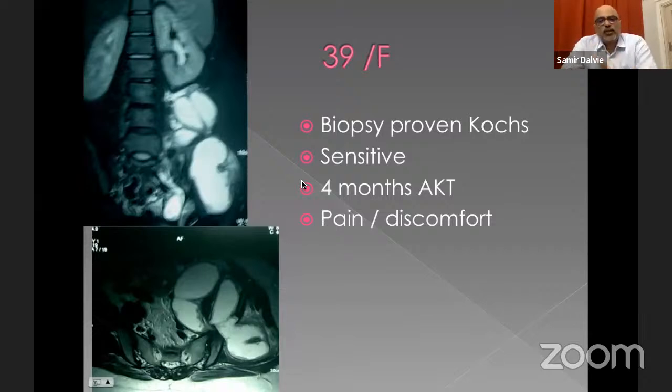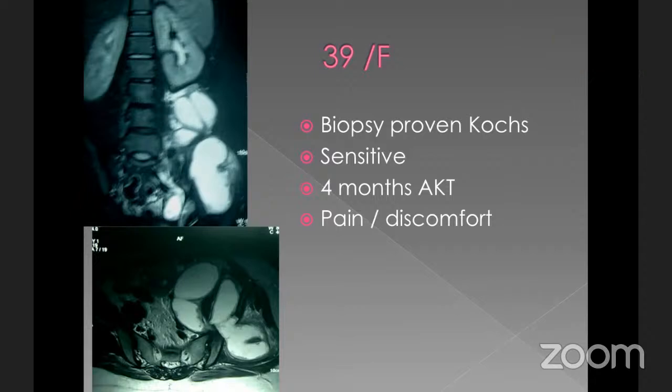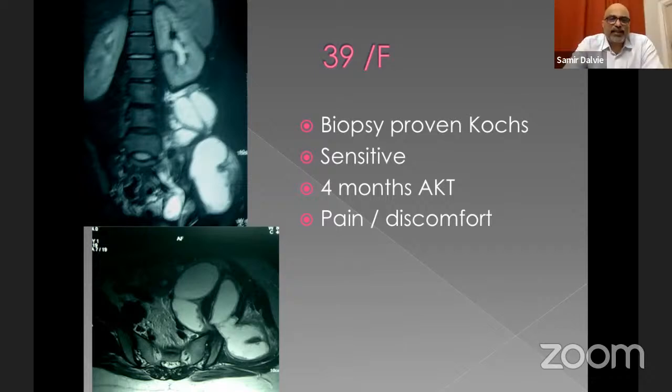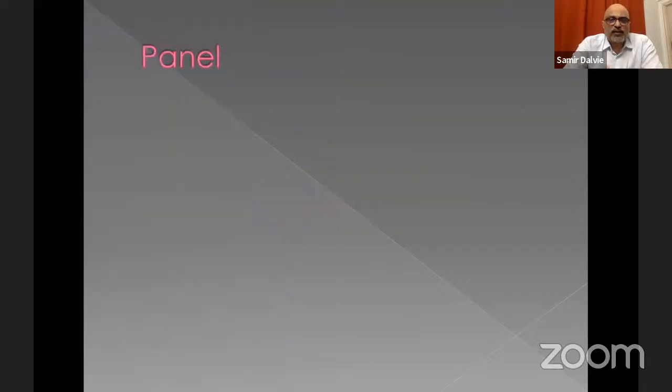So this is a 39-year-old female with biopsy proven, drug sensitive TB, but in spite of 4 months of AKT, she still has these huge psoas abscesses and had severe pain and discomfort. So to answer Ayesha's question as to whether abscesses need to be drained, this is a patient where the AKT has not worked in spite of being sensitive and it's causing pressure effects.